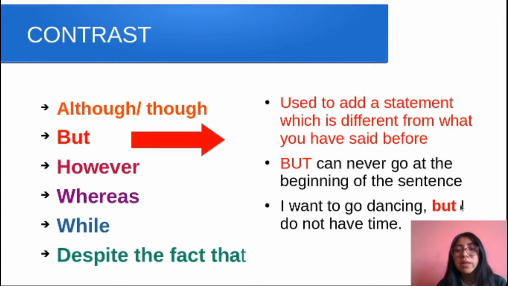Pay attention. Here I am showing the statement is different from what I said before. It means I want to go dancing. I like it, but I don't have time. That is my opposite idea to the first. That is my opposition, okay? That is easy.